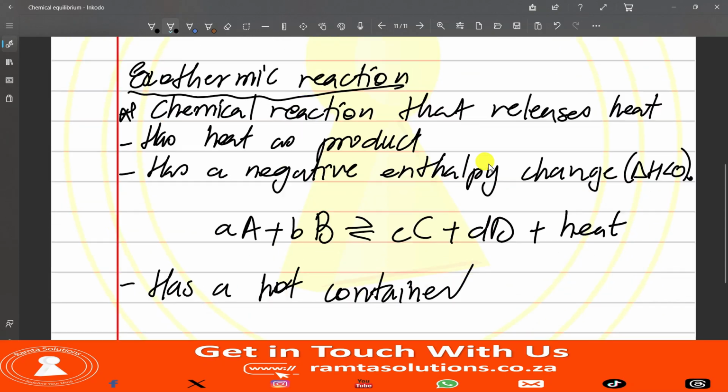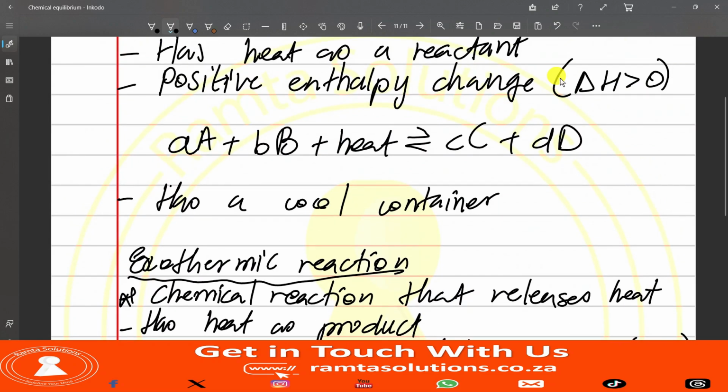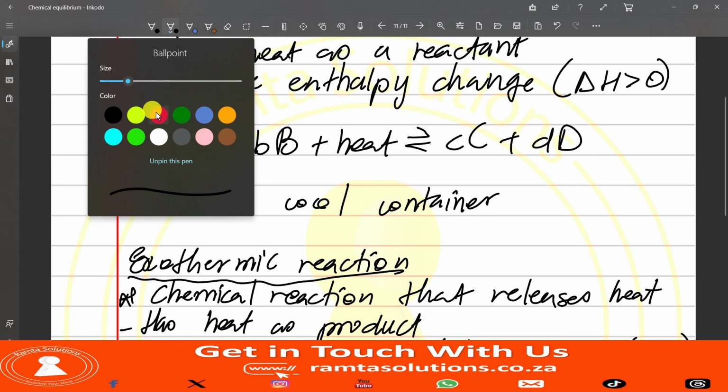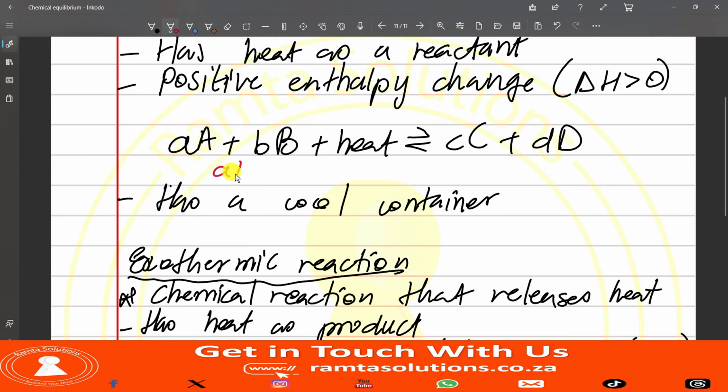Another thing I want you to recall is that you don't have to be given heat like this. Your reaction can also be given in the following form. A reacting with B, forming C and D, and for endothermic, we can have a comma, delta H positive.